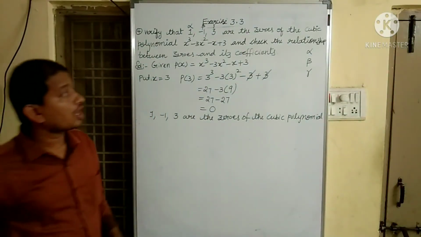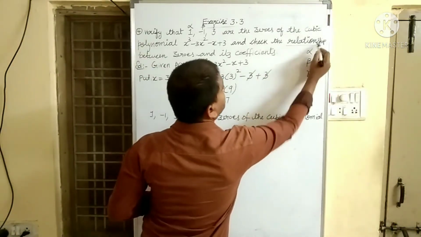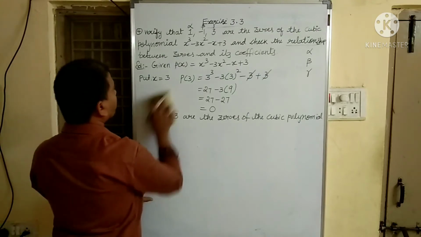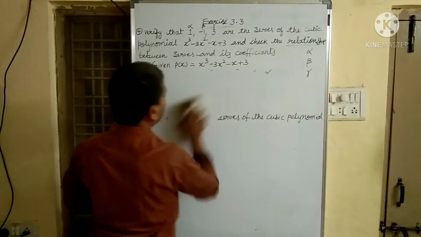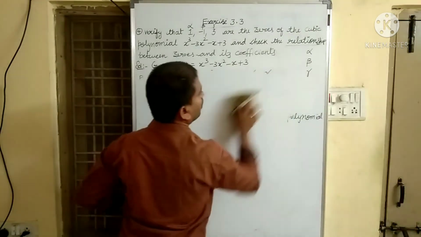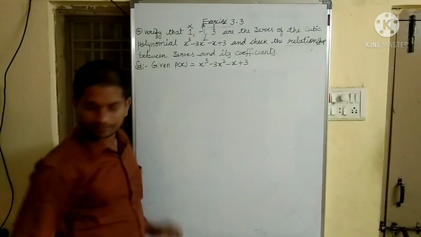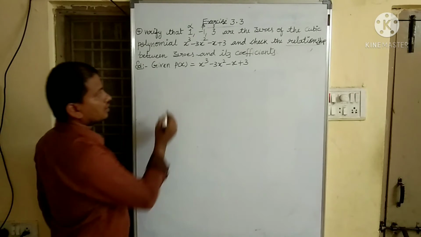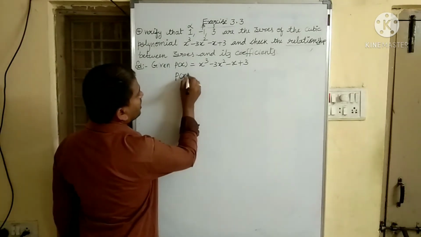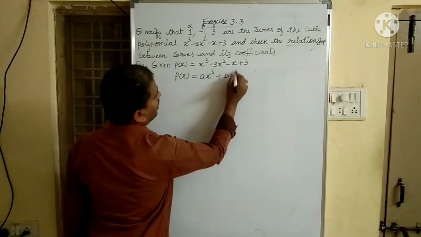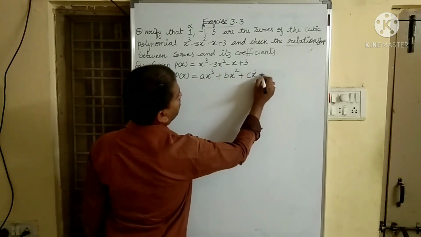Coming to the second part, they are also asking to check the relationship between zeros and coefficients of a cubic polynomial. So what is the standard form of a cubic polynomial? As we know, the standard form of the cubic polynomial is ax cube plus bx square plus cx plus d.